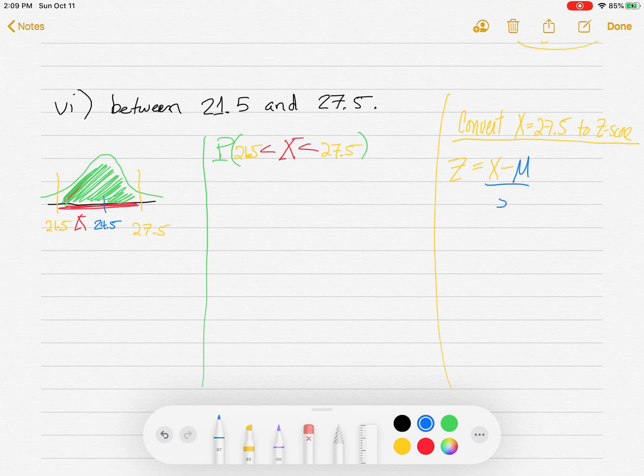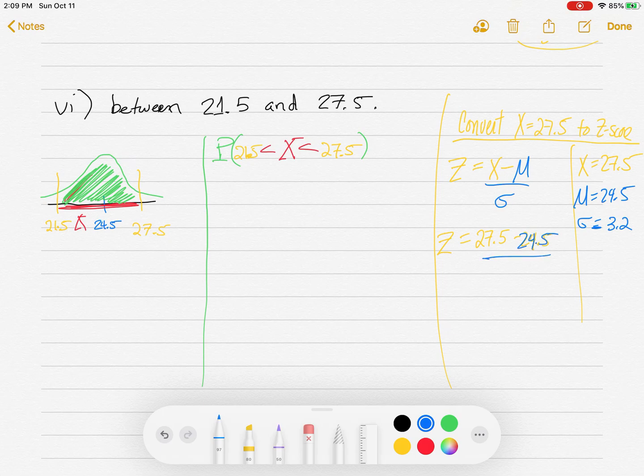I'm going to convert 27.5 to a Z-score. So I'll use my Z-score formula, X minus mu divided by sigma. Here X is going to be 27.5, mu is going to be the mean of 24.5, and sigma is going to be the standard deviation of 3.2.